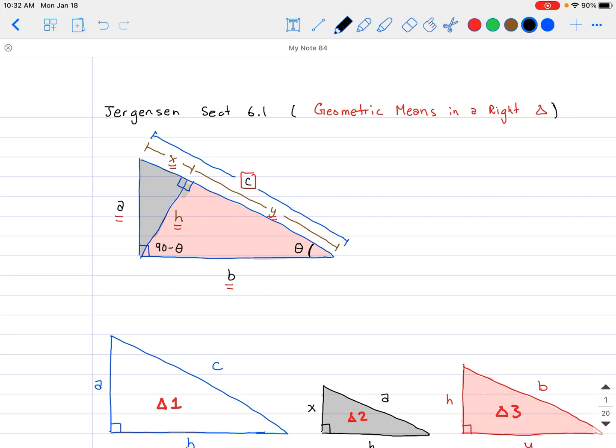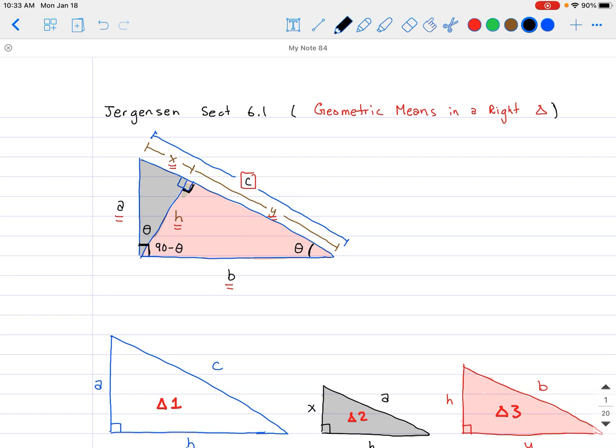And that is because over here we have a right angle. Since we have that right triangle, then that's 90 minus theta. And right next to it in that lower right-hand corner, since one of the angles is 90 minus theta, the one next to it is its complement, which tells me that it's theta once again.